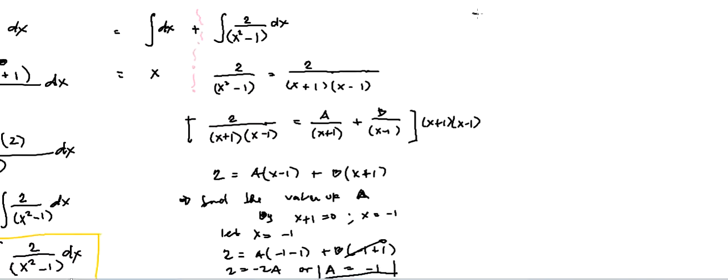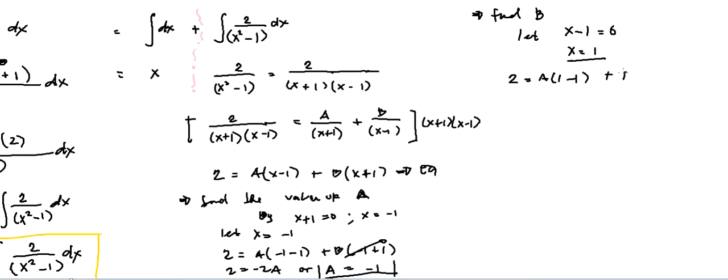Okay, so to find B, we will make this term vanish. So we will now let x minus 1 equal to 0, so our x is equal to 1. If we let x equal to 1, then our equation will become 2 is equal to A times 1 minus 1, then plus B times 1 plus 1.